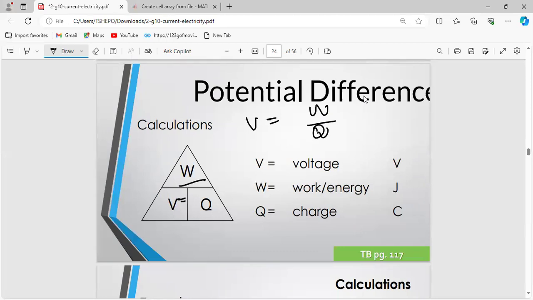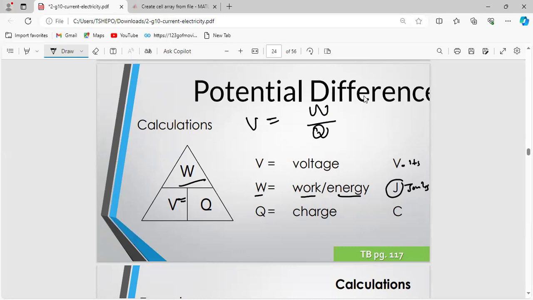W, or now I said E for energy, does not matter, we can use W or E. W means work or energy. The units for energy are joules. Here we have voltage, whose units are called the volts.